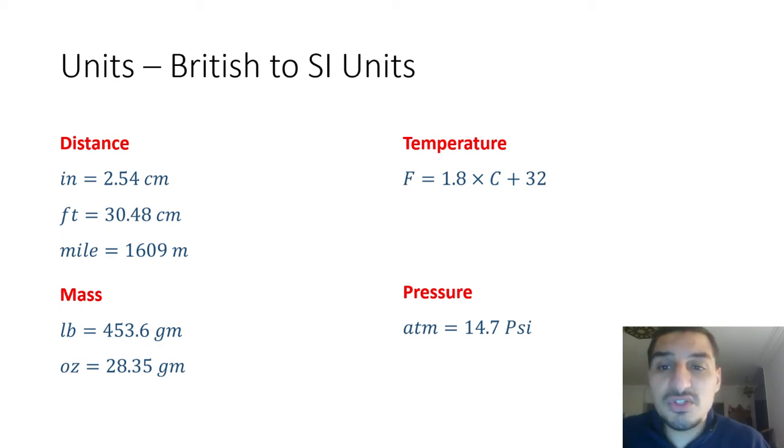Unfortunately, the British unit is used a lot in some applications, especially those related to piping and the choice of pipe dimensions. So it's common to read or hear that the pipe is 3/4 of an inch or 1.5 inches, and there are some standard dimensions for the pipes, and they are all in British units.